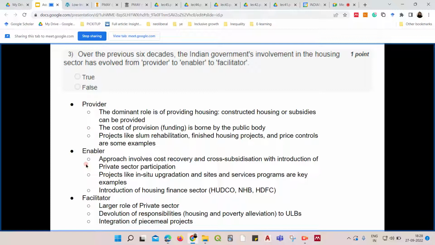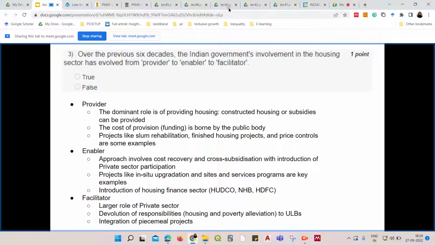Then you have to introduce some sort of housing finance intervention, because in the end the cost of provision of this housing is not being borne by the public sector. So there have to be housing finance institutions involved, so that they can streamline how the housing finance is provided to all these people, and also ensure that it can be accessed by all groups.